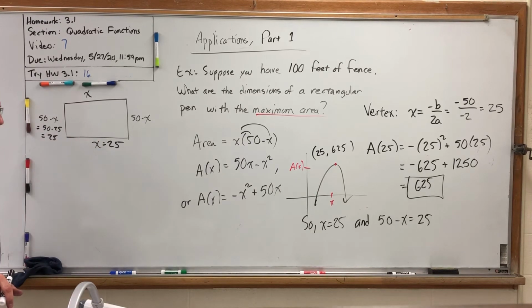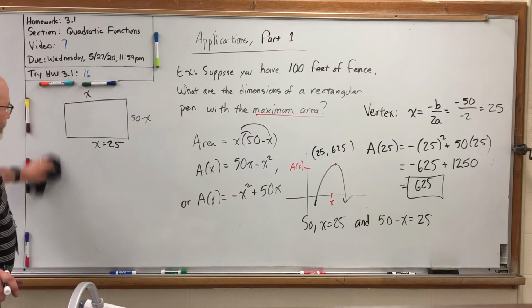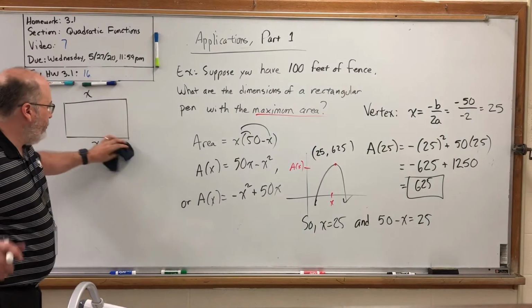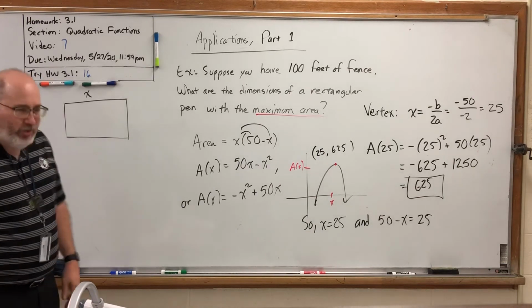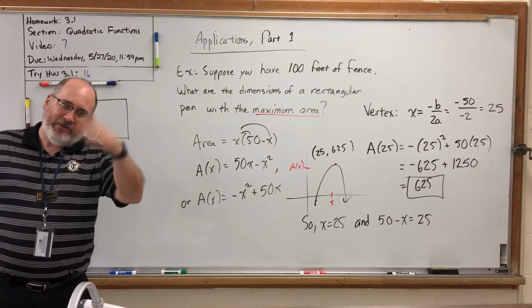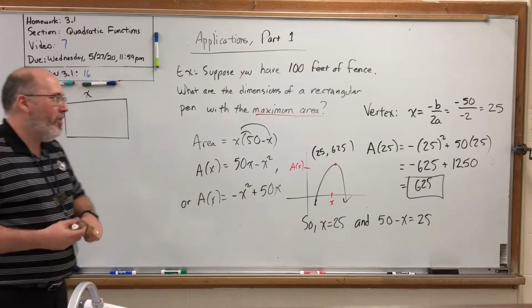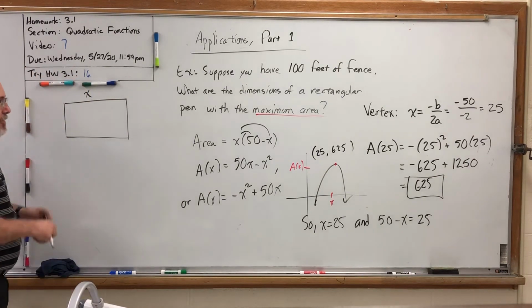So let's quickly recap what happened. And in the next example, you'll see why it's not nearly as bad as this one. We were given 100 feet of fencing to build a rectangular pen, and we want to know what dimensions give us the largest area.